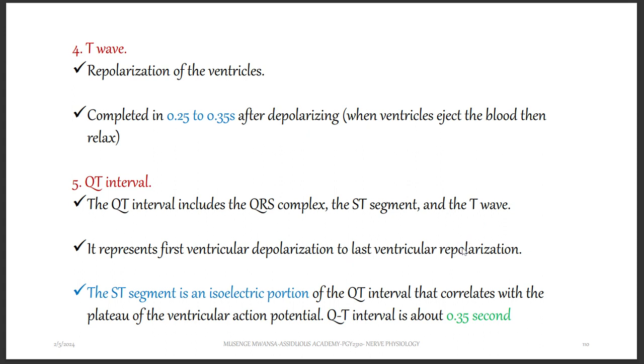So depolarization and repolarization of the ventricles is represented by the QT interval. Okay. You also have the ST segment there. Now the ST segment is just that isoelectric point where you are not having anything. So the QT interval is about 0.35 seconds. It's also very fast.